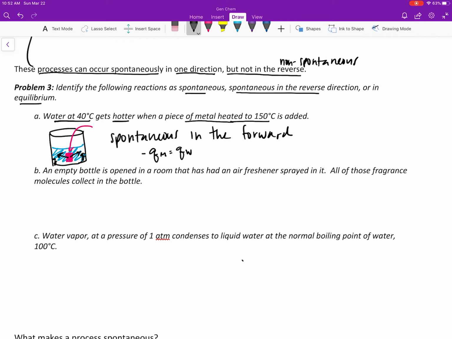The second one says an empty bottle is opened in a room that has had an air freshener sprayed in it. All of those fragrance molecules collect in the bottle.